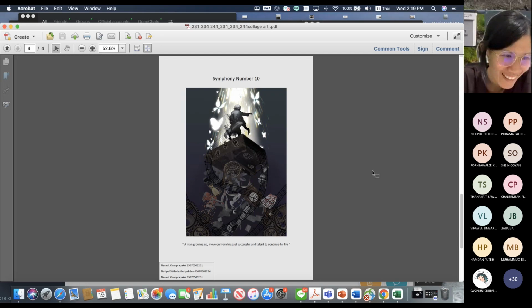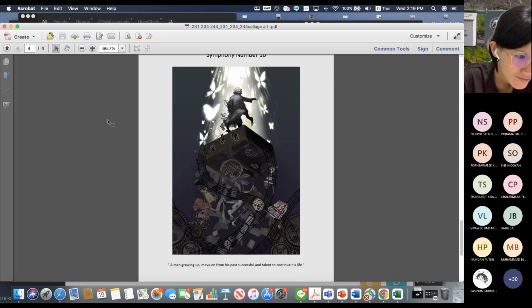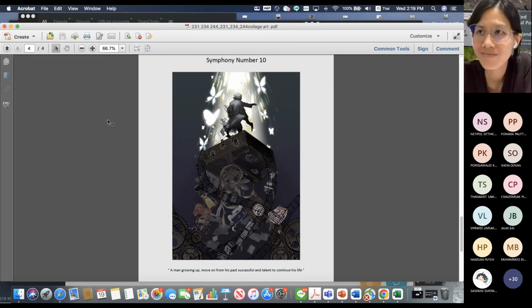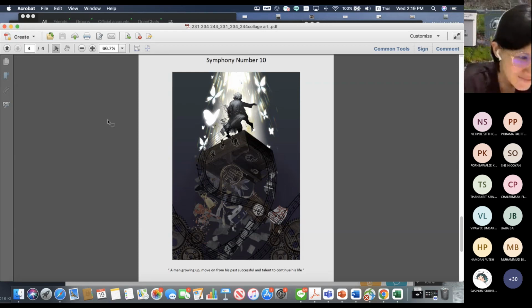Okay, for our picture, the key message is to represent a man who is growing up and moving on from his past success and talent to live on for a new story. As you can see, the objects on the lower half of the picture, the piano, horn, and other things about his talent and time, keep falling down.